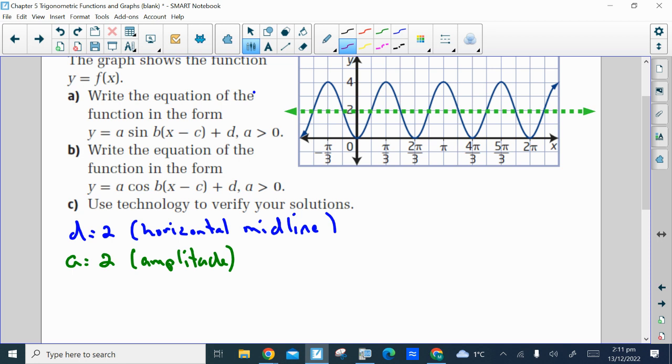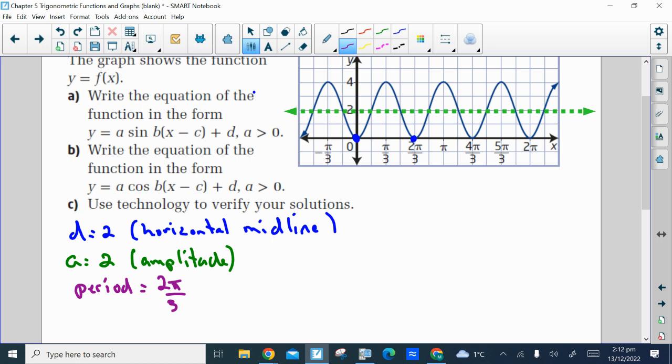Probably the easiest thing to do would be to look at this minimum to that minimum. That shows a period of 2 pi on 3. So our period is 2 pi on 3.